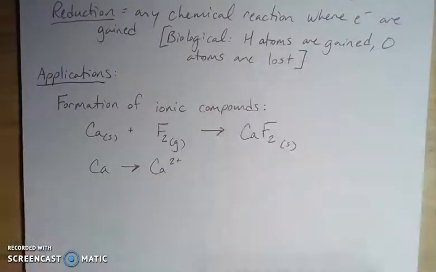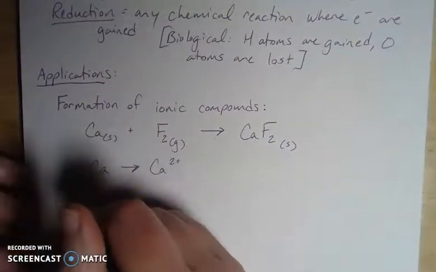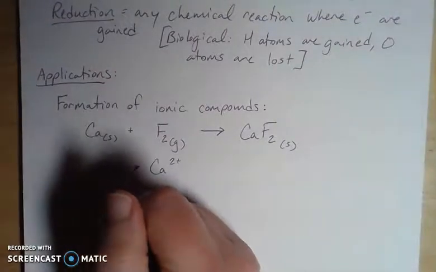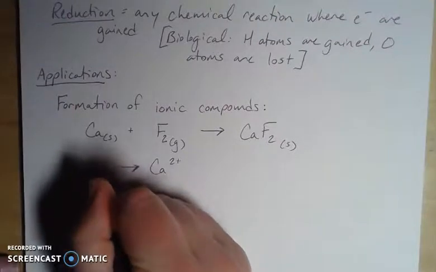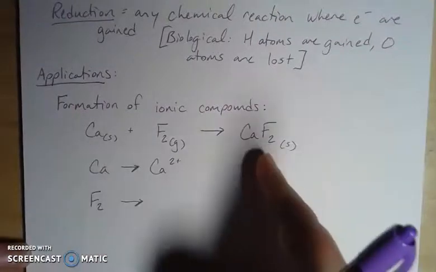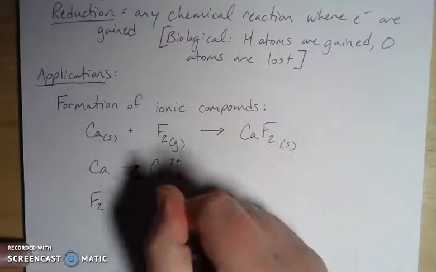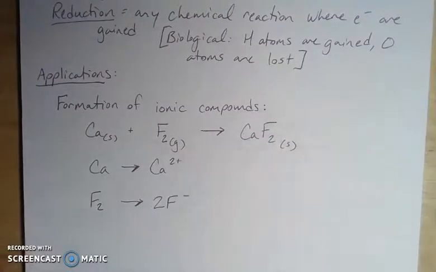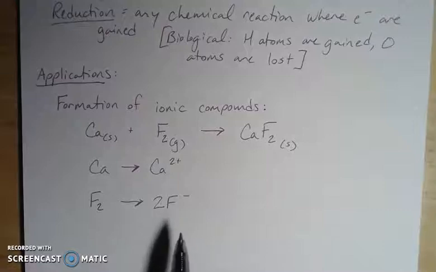And I know that it's a 2+ charge because of where it is on the periodic table. It's in the alkaline earth metal column. And my fluorine here is going from fluorine that's diatomic in its elemental form to 2 fluoride ions. And we know that fluoride has a -1 charge because it's in our halogen column.